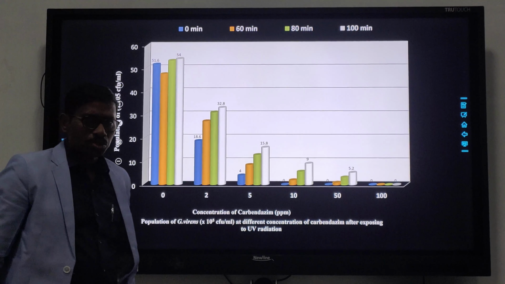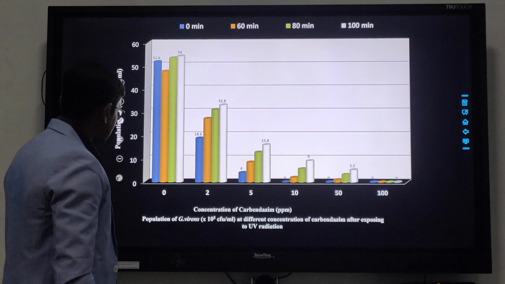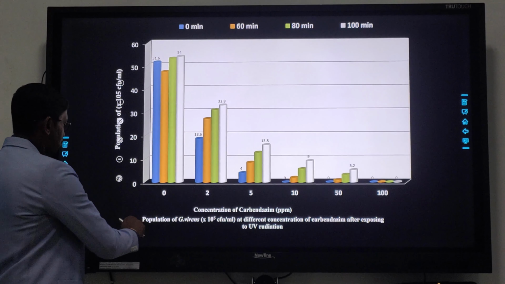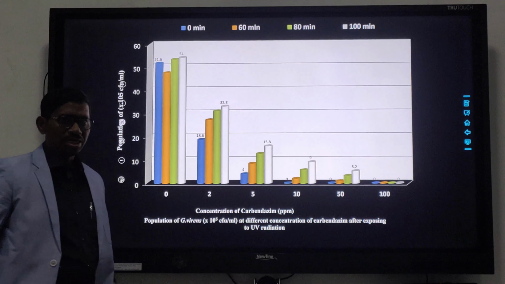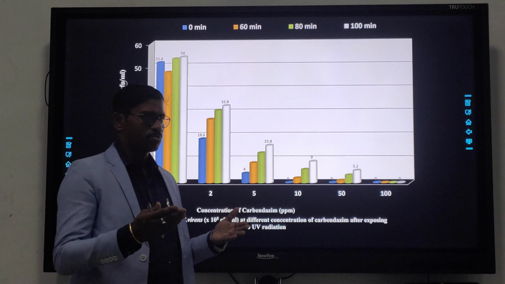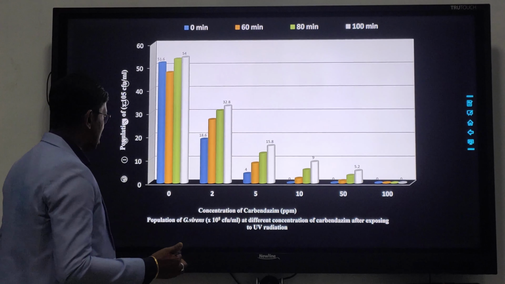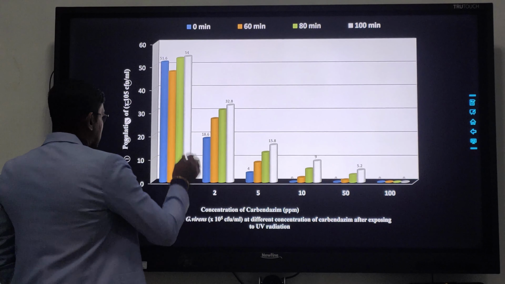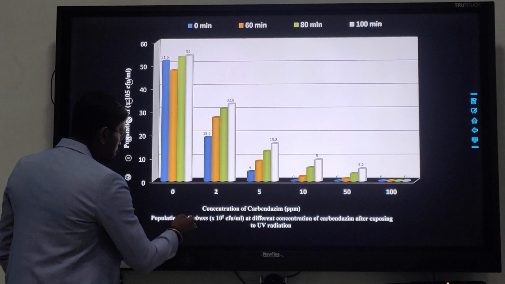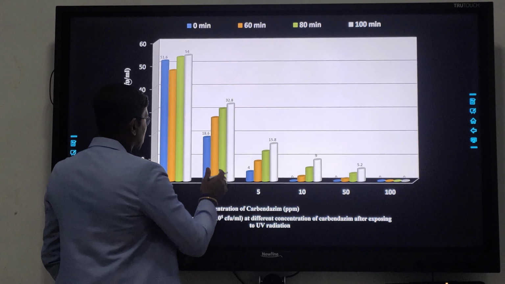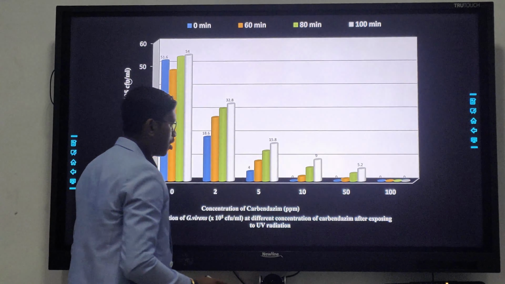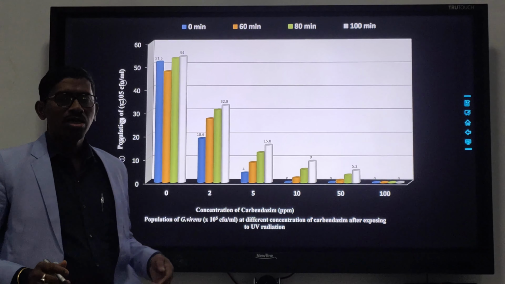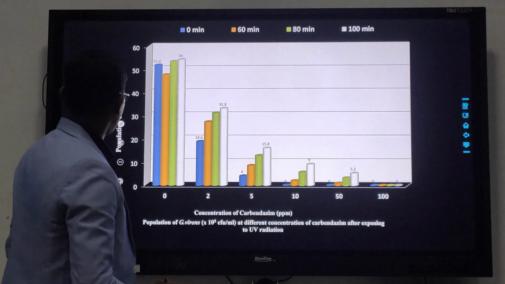For me, this is one of the good graphs, because they have given a very clear-cut title, which is very self-explanatory. From the title itself, we can say this graph represents the population of Glycerium virus at different concentrations of carbon after exposure to UV radiations.